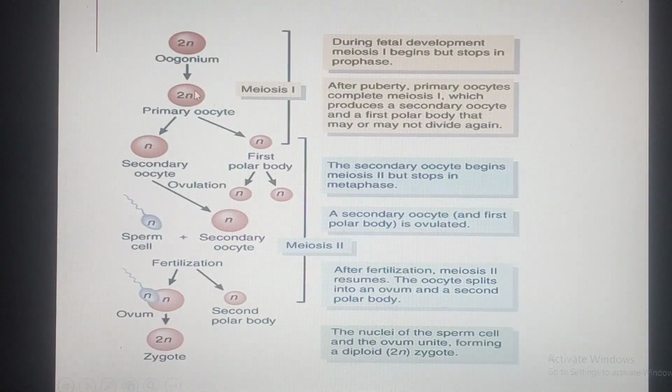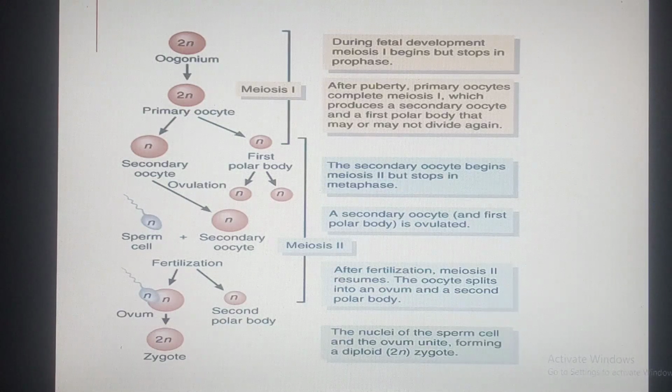The primary oocyte will go through the first meiotic division. Now this first meiotic division will be arrested around the fifth month of intrauterine life at the diplotene or dictyotene stage of prophase I of the first meiotic division.